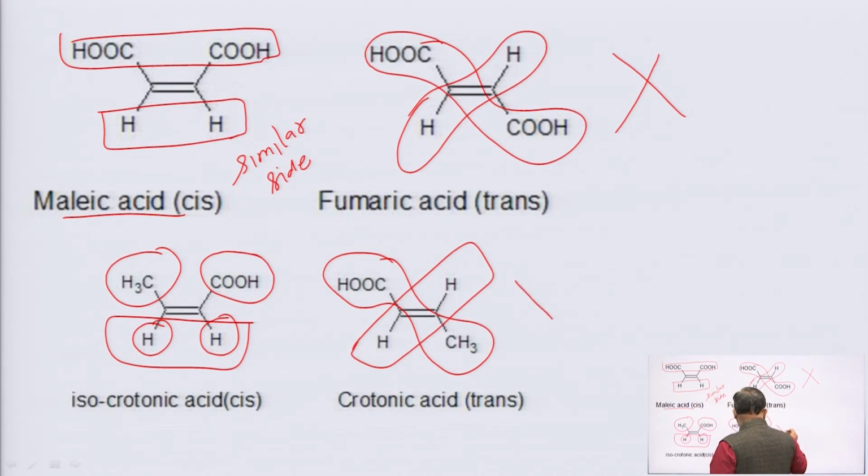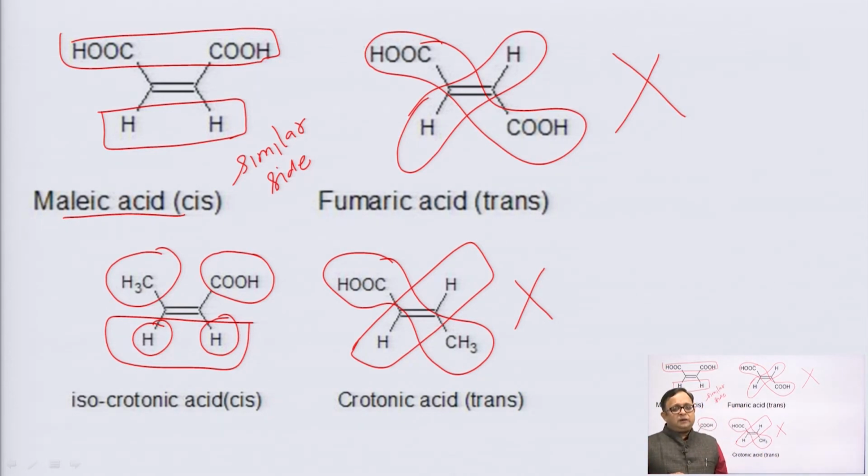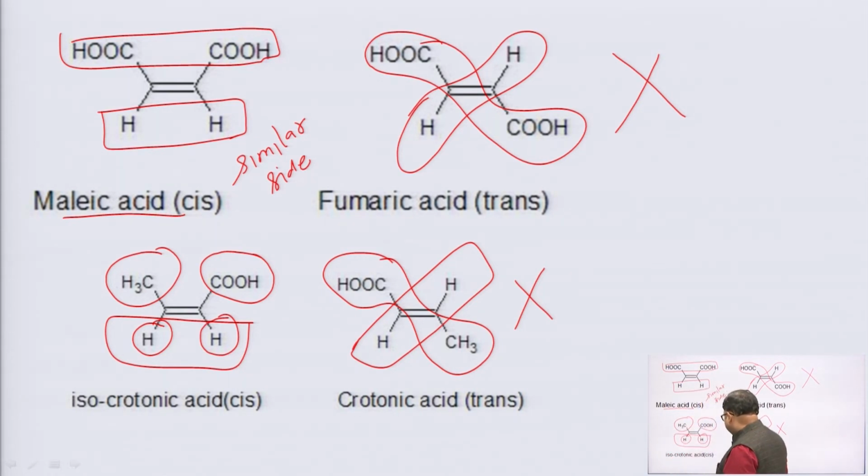So, it is making a structure like X. When an arrangement like X is present, we simply consider it as trans. So, crotonic acid exists in two forms, cis and trans. Cis crotonic acid is called isocrotonic acid, and trans crotonic acid is simply considered as crotonic acid.